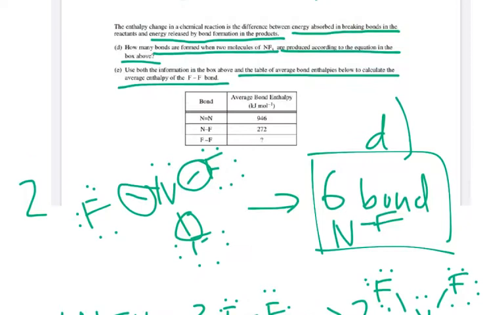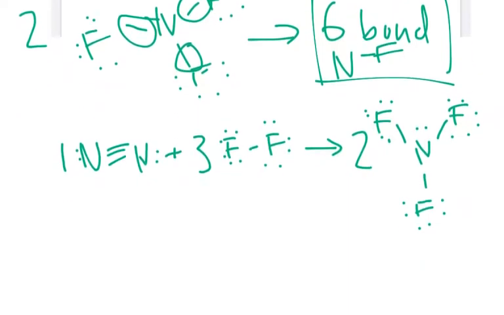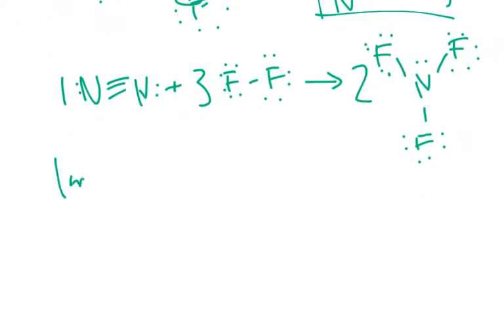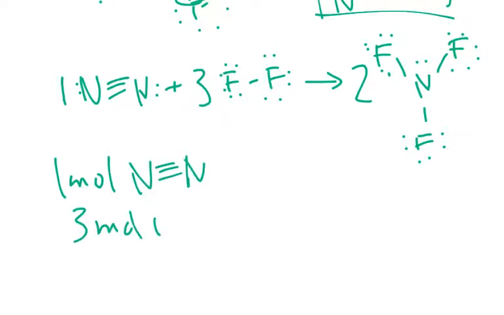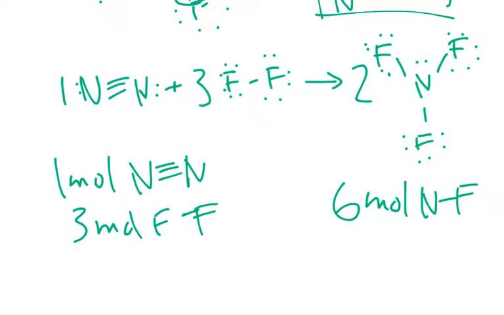Now let's see how many bonds are broken and how many bonds are formed. So 1 mole of NN triple bonds are broken, 3 moles of FF single bonds are broken, and on the right-hand side, 6 moles of NF single bonds are formed, since 3 in each and 2 moles, so 6 moles of NF single bonds.